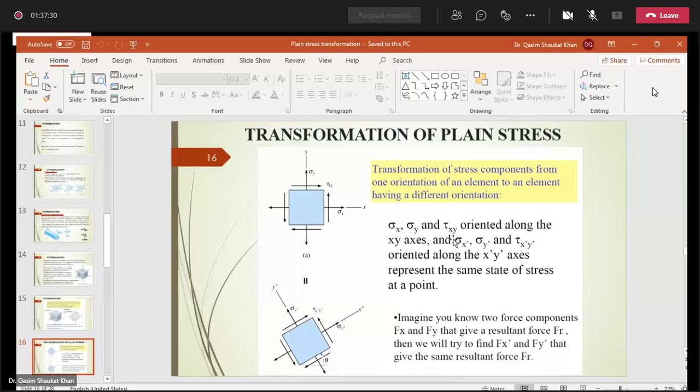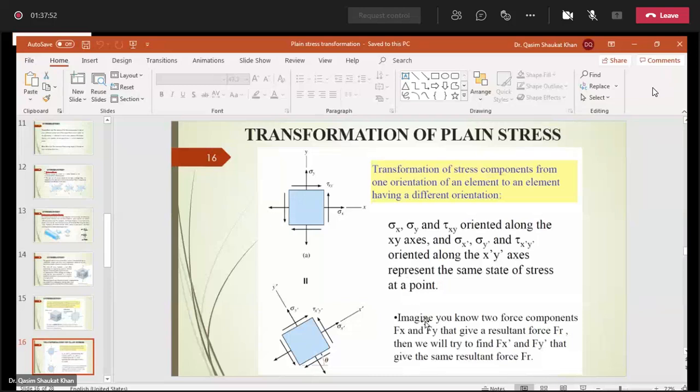Fine. So sigma x dash, sigma y dash, and tau x dash y dash, oriented along the x dash axis and y dash axis, represent the same state of stress at a point. So it's a biaxial stress state.